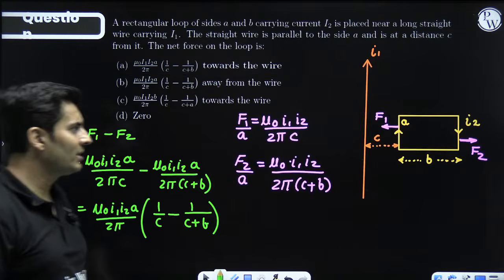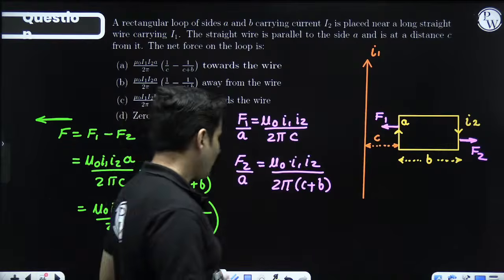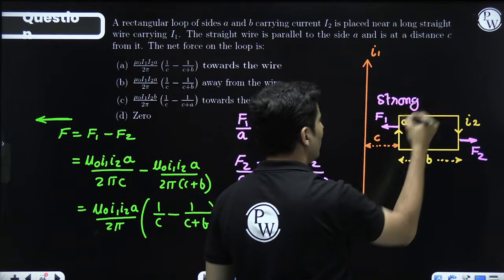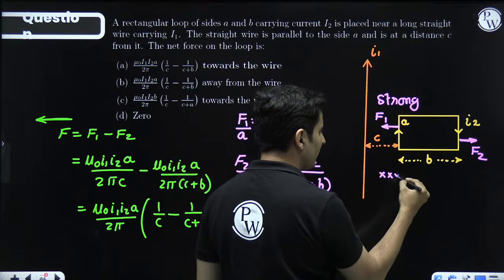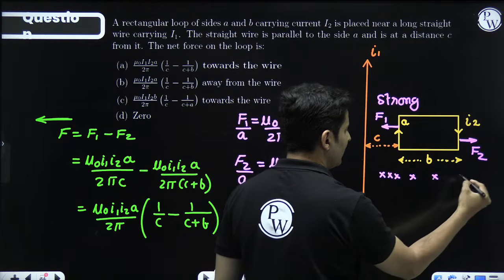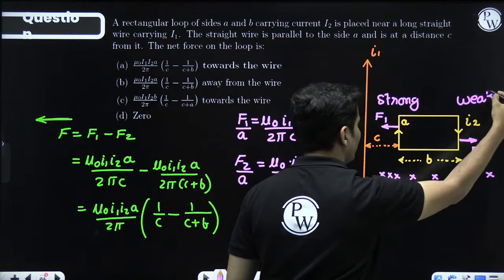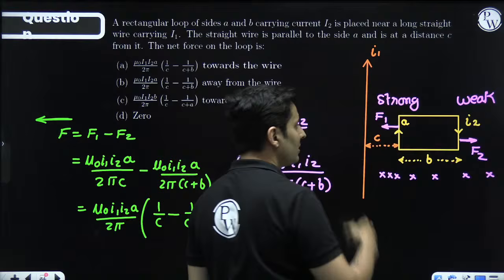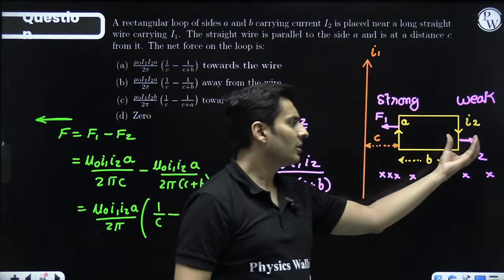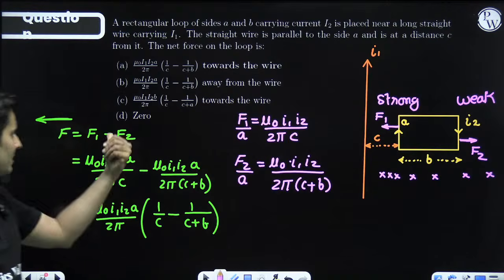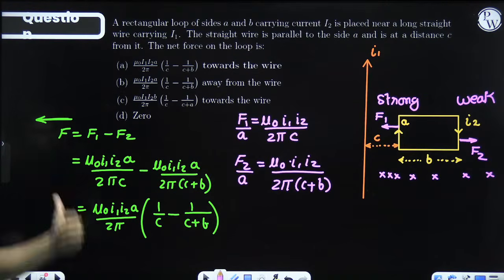So how do you know this is strong? Here, the force is going to be strong because the field is also strong. As you go far away, the field becomes weak. So the force here is smaller and here the force is larger. So the dominating force will be the left force as compared to the right force.